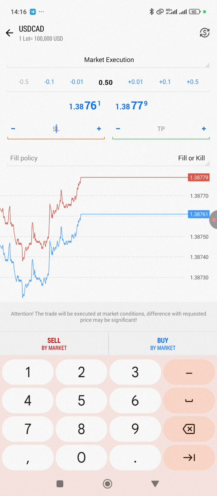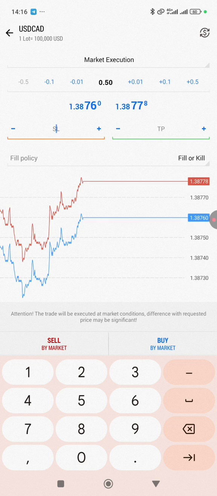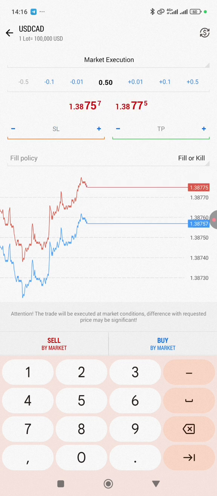Let's take, for instance, you want to enter this trade. So you are selling at this current market price, 1.3877, or 1.3876. That's the price you now want to sell, because for this instance it is a sell order. So your stop loss will be above the price you are selling.